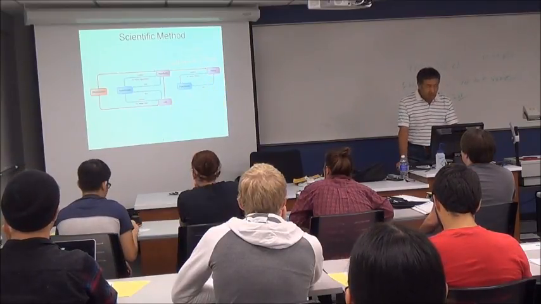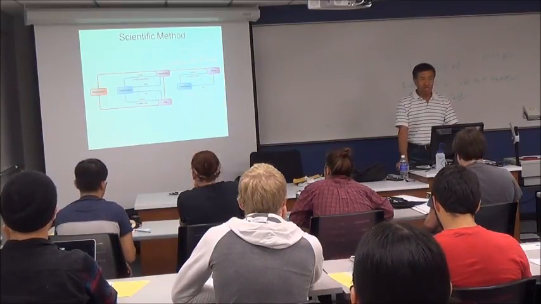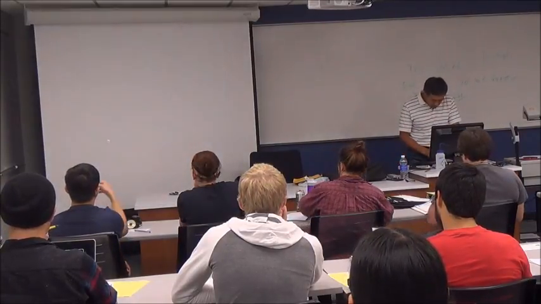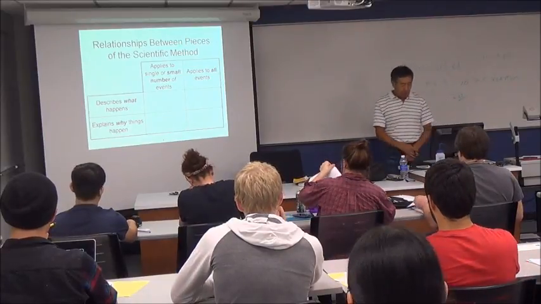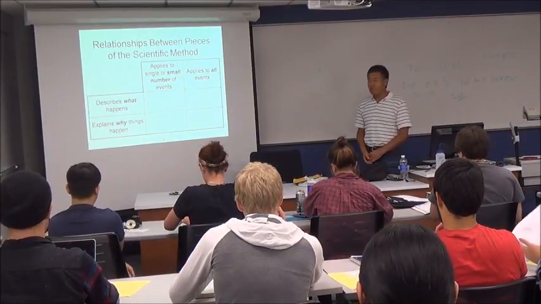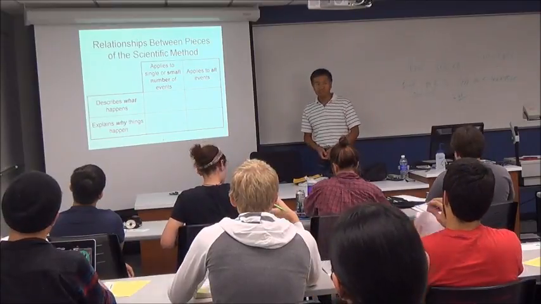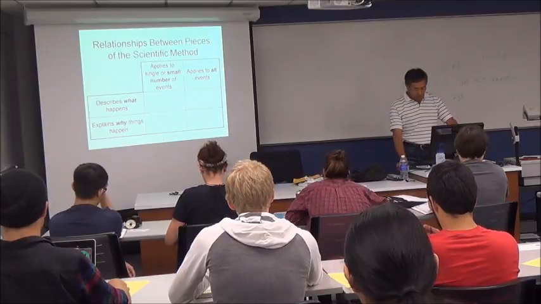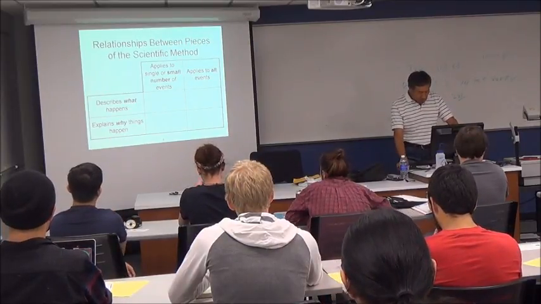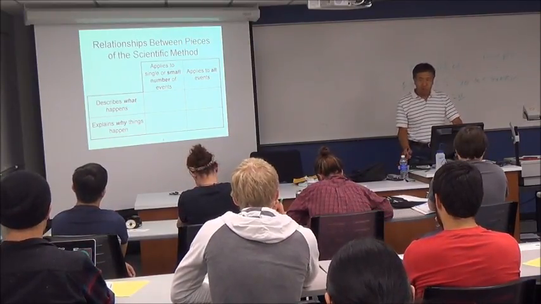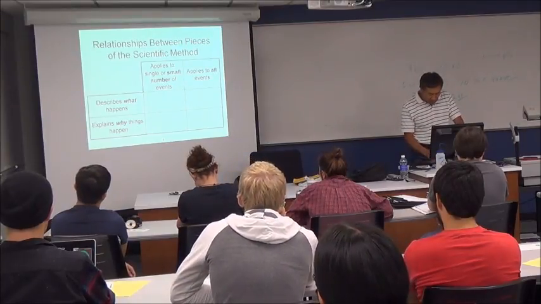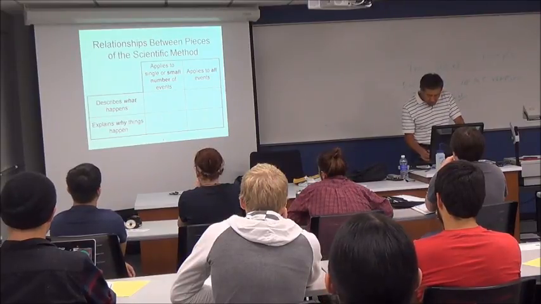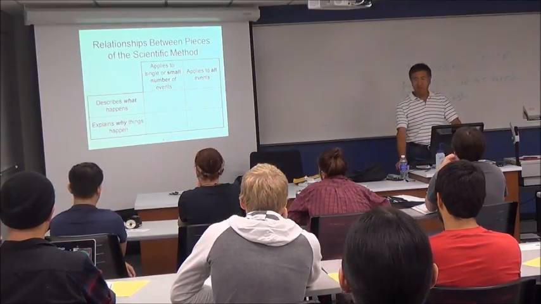Right. So this pretty much is the process of the scientific method. To help us summarize the scientific method, let's summarize a few important terminologies on the last slide. We can use these few keywords I put in emphasis here: what, why, a small number, and all the events.